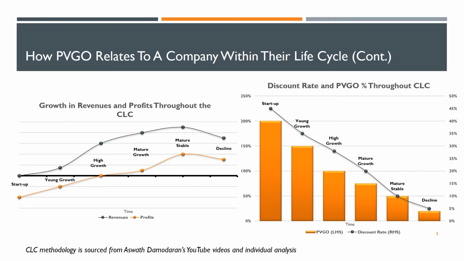Now, conversely, when you look to the right, discount rate and PVGO percentage throughout the corporate life cycle, you'll see that as revenues and profits begin to grow, the discount rate starts to decline. Companies become safer to invest in. But at the same time, there are not as many growth opportunities.